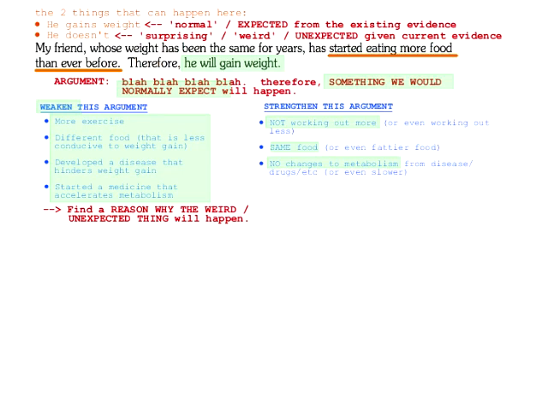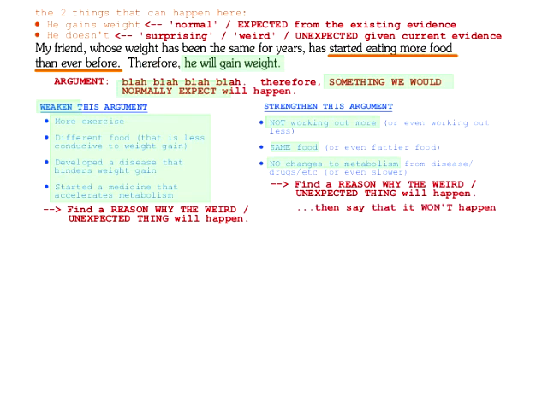You're still finding a reason why the weird or unexpected thing will happen, then just saying that it won't, or that the opposite will happen. So that's the point: you are thinking about the weird thing all the time.